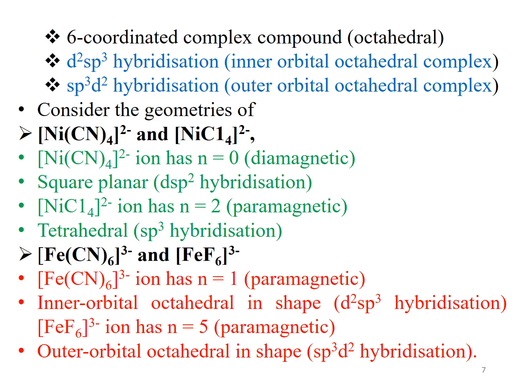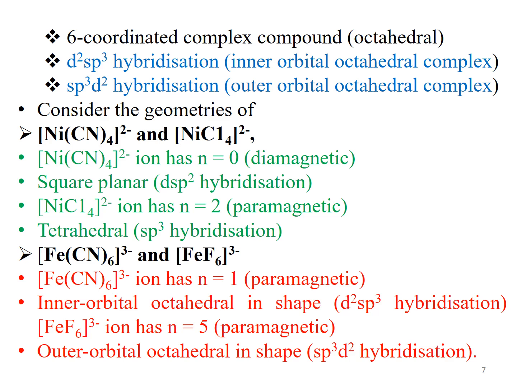In contrast, tetrachloronickelate ion has two unpaired electrons, then it should be paramagnetic, and its geometry is tetrahedral having sp3 hybridization.